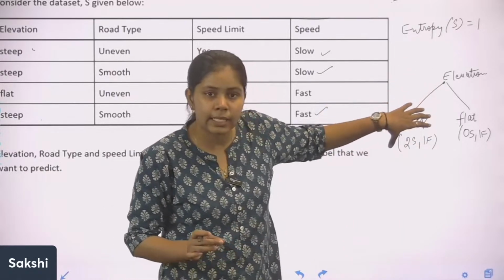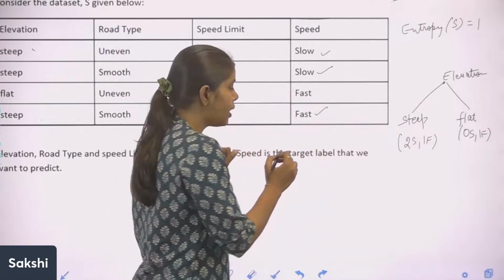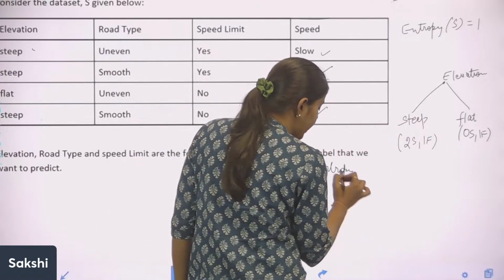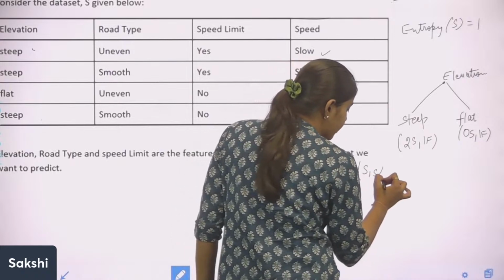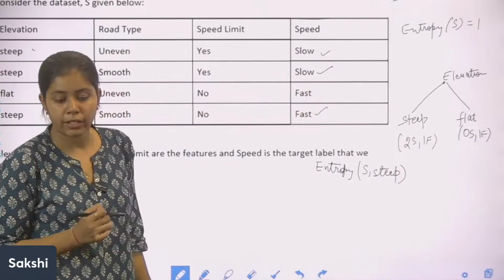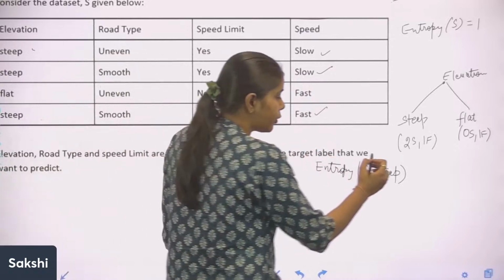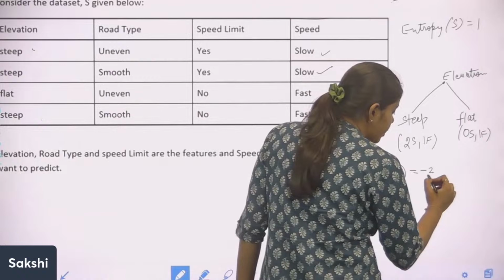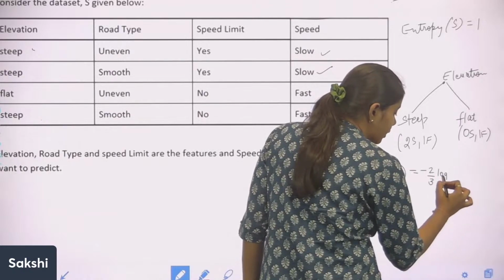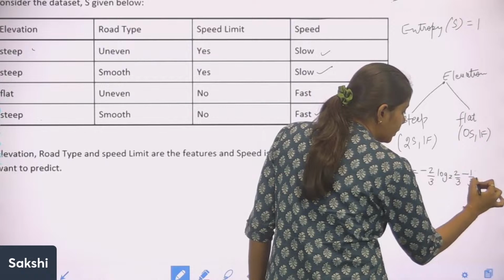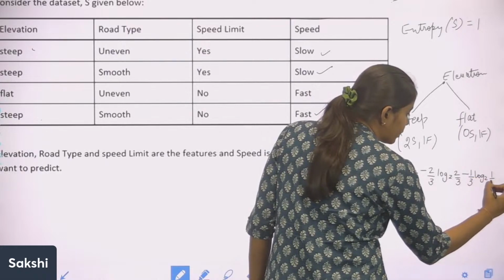So I'll find the entropy of S comma steep. What would be the entropy? Because it is 2 slow, 1 fast, the entropy would be minus 2 by 3 log to the base 2 2 by 3, minus 1 by 3 log to the base 2 1 by 3.